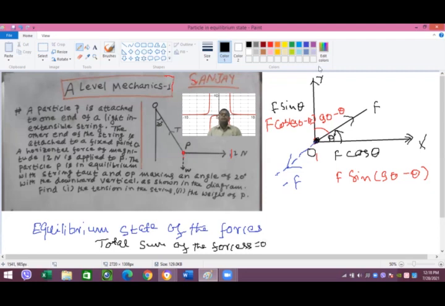So let's take an example. For example, this is a particle and one person is pulling this towards this direction and another person is also pulling this object towards the opposite direction.